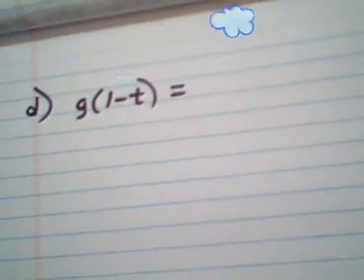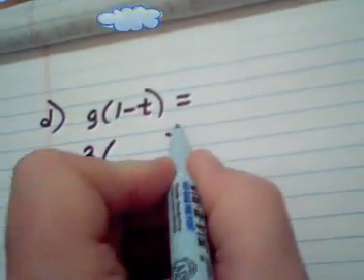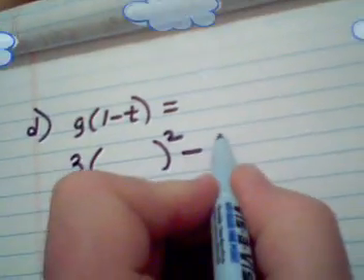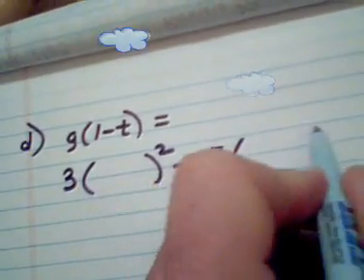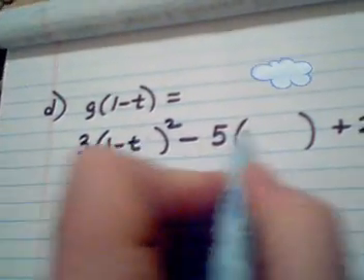And the last question, we're asked to find g of 1 minus t. Well, remember the original function is 3 times the input squared minus 5 times the input, I need to look back at the original rule, and then plus 2. Well, this time the input is 1 minus t.